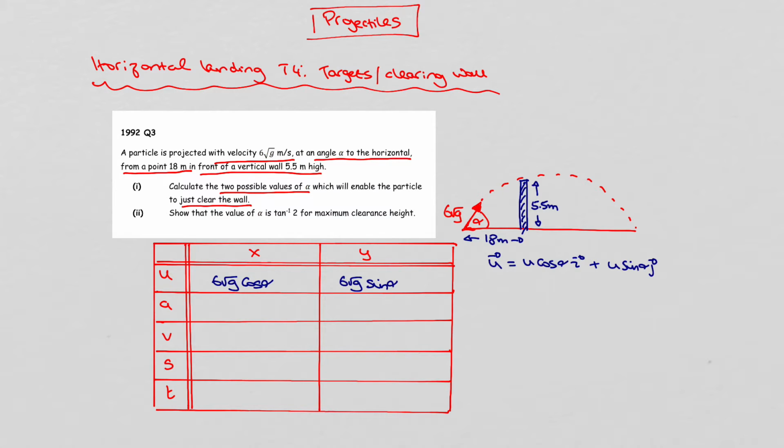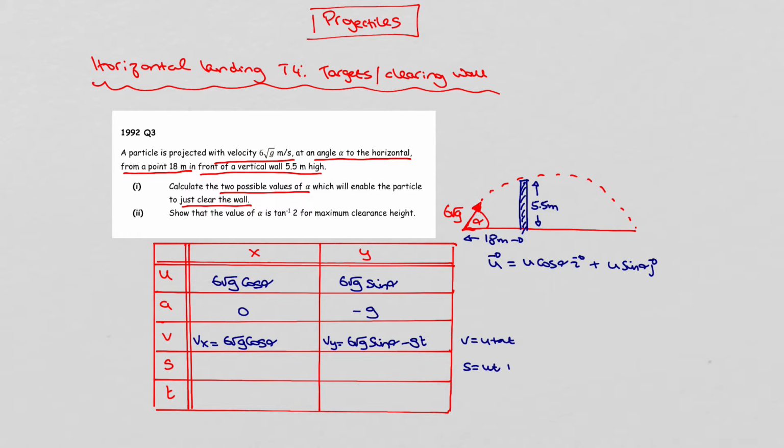A in the x direction is always 0 when we're on the horizontal, and it is minus g in the y direction, because gravity is acting in the opposite direction to the initial velocity. So v equals u plus at. That means v in the x direction is 6 root g cos alpha, and v in the y direction is 6 root g sin alpha minus g times t.